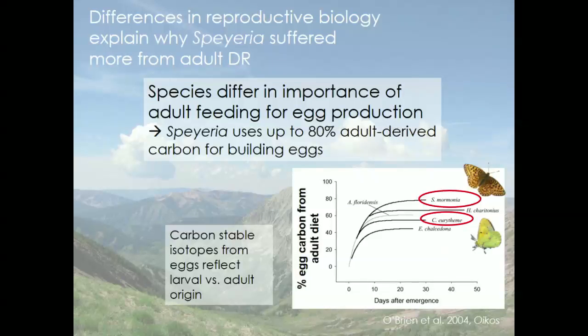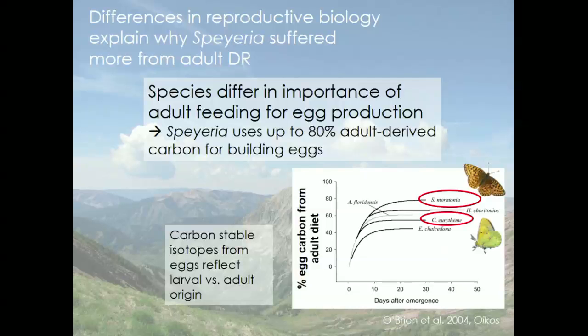Looking at older work, we could actually predict the pattern seen in the reduction in the number of eggs laid based on knowledge of the reproductive biology of these species. Butterflies differ in the ratio of larval versus adult-derived food that is used for producing eggs.